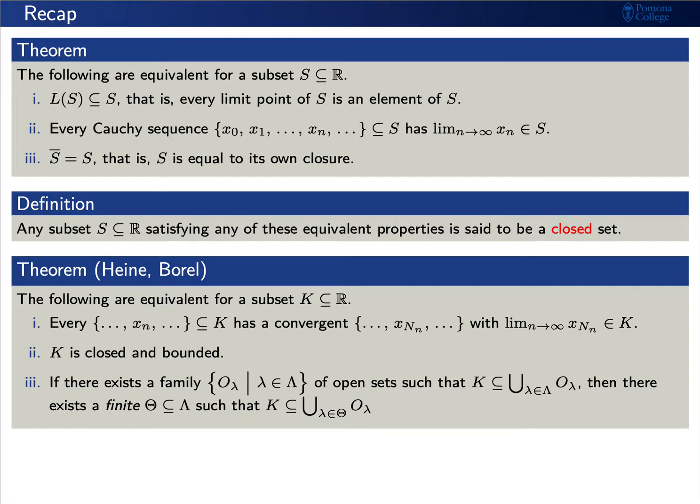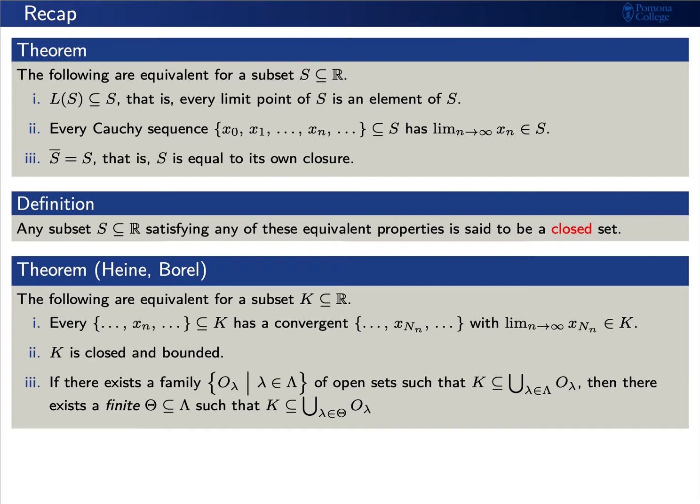The following are equivalent for a subset K of the real numbers. First, every sequence X sub n contained in K has a convergent subsequence X sub capital N sub n where the limit is an element of K. Second, K is closed and bounded.